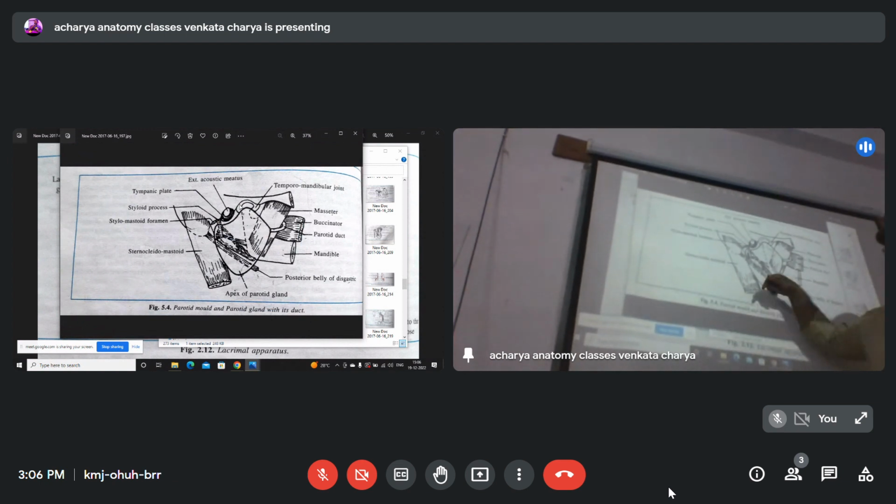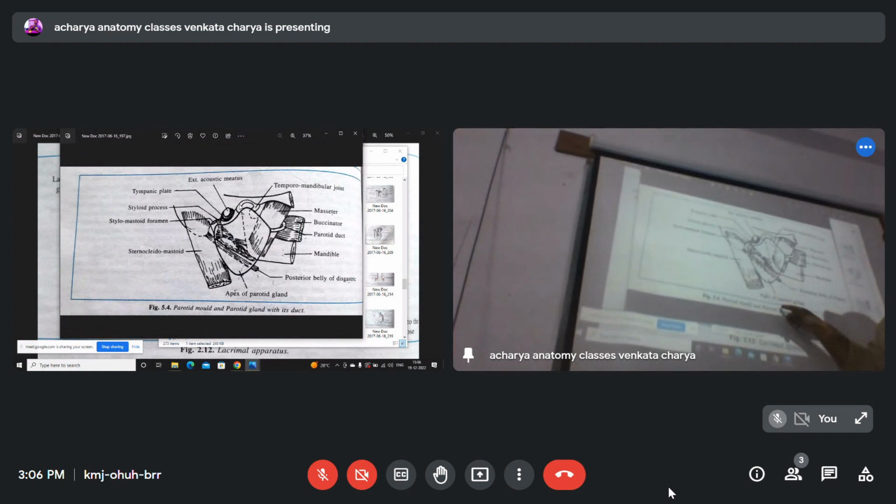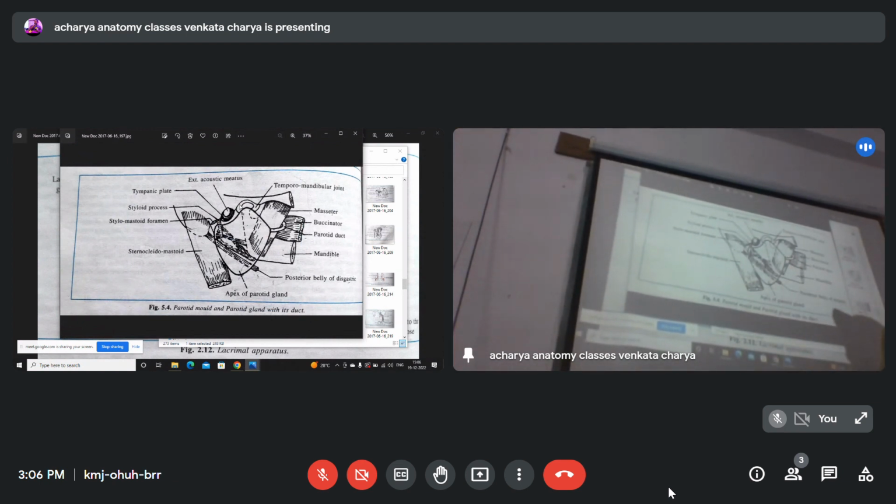Apex faces downwards, then base faces above. See here is the apex, and this one is the base.